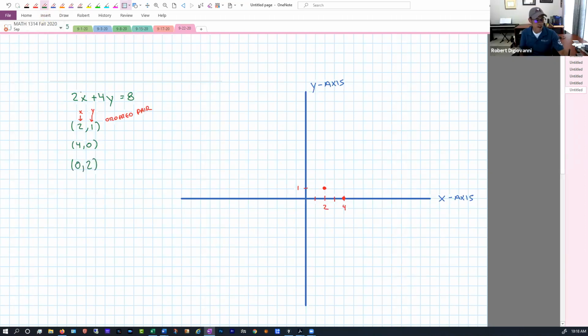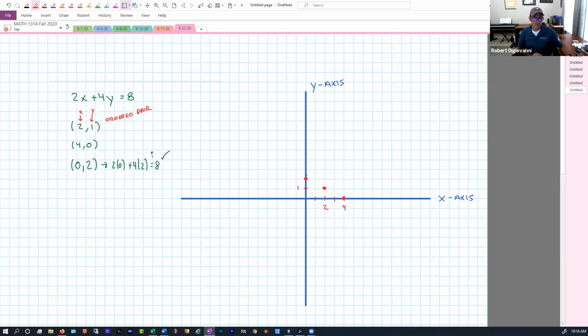So if I replace the X with 0, I get 2 times 0 plus 4 times 2. Is that equal to 8? Yes, that works. Good. So 0, 2 would work. 0 for the X means don't move left and right. Just stay where you are, where the axes cross each other. And then from there, I move up 2, and I place a dot.